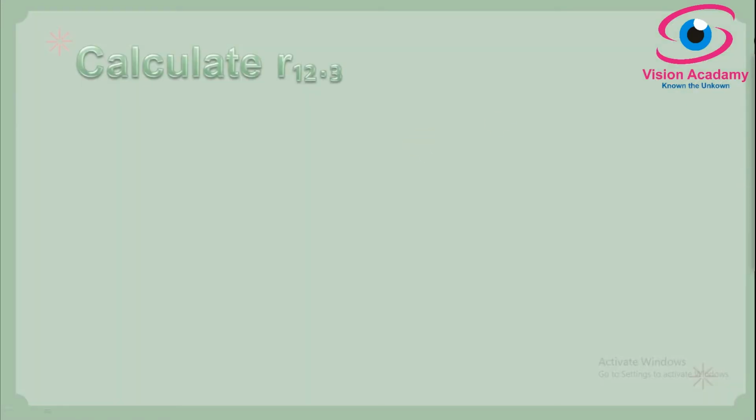Firstly, I will consider the first option. Since we have to calculate all the options, firstly I have considered R12.3. We know the formula for calculating R12.3. So R12.3 is equal to, in the numerator, R12 minus R13 into R23.